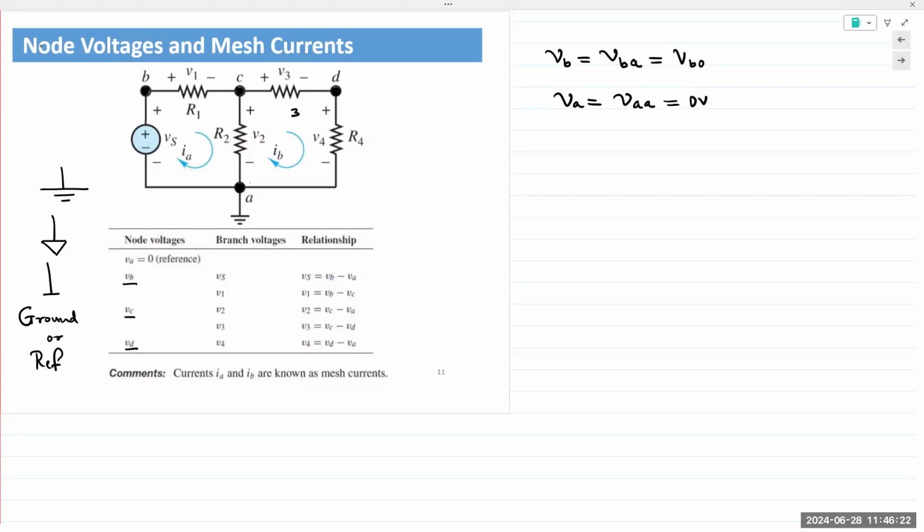And we will talk about that when we get to node voltage analysis. But in most circuits, the reference node is marked with this kind of symbol. Reference node.